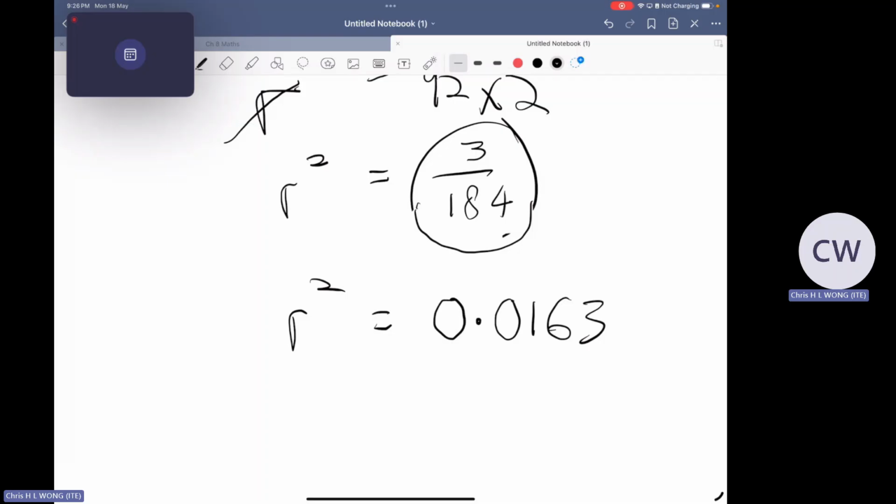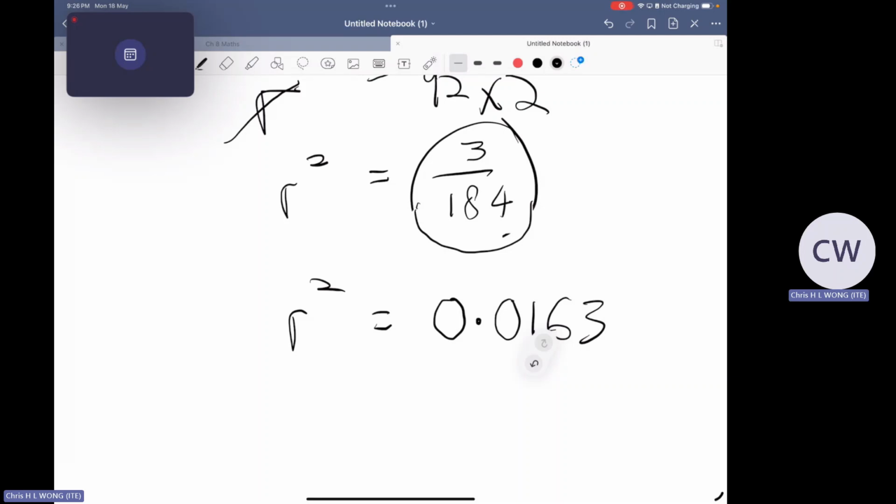Always opposite, right? Square, I bring over become, what is the opposite of square? Square root. Very good. Yes. The opposite of square is square root.